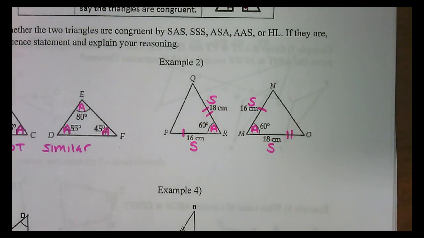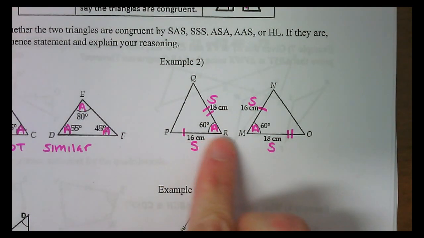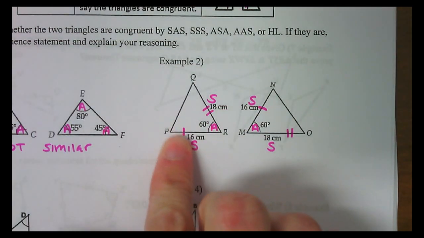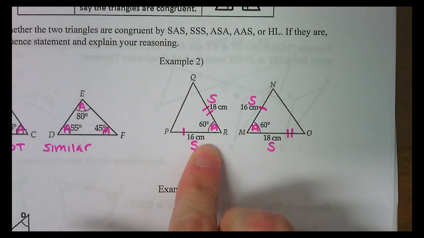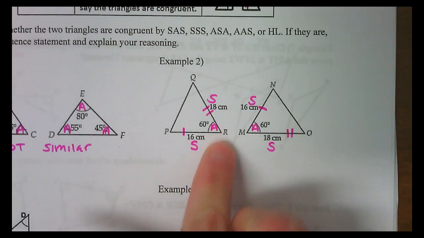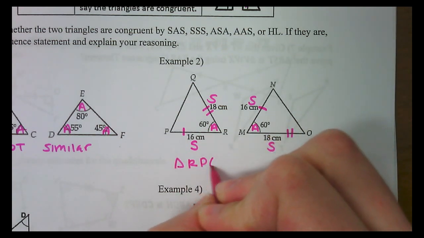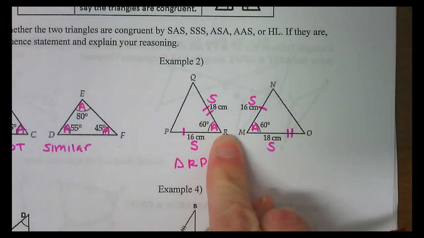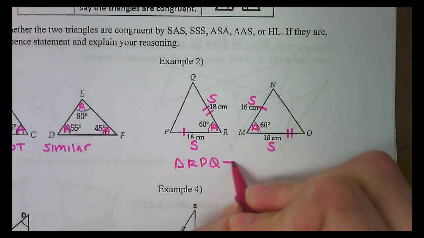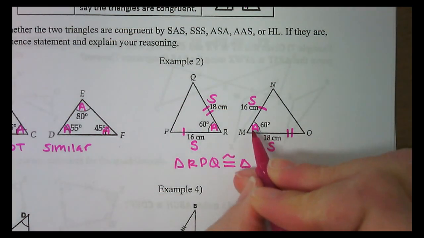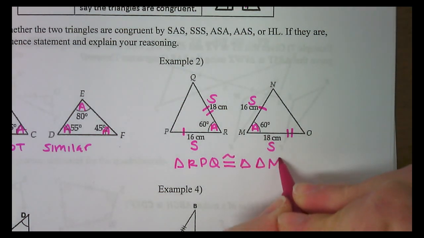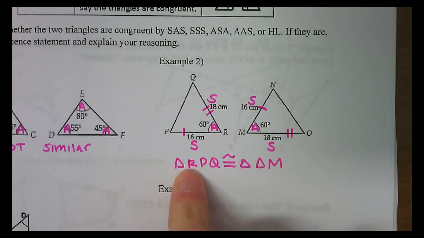We have to put our statement together. So you can pick whatever order you want to for the first one. So if I started with R and I went to P and then to Q, R is the 60-degree angle. So I have to start with the 60-degree angle here if that's what I did.